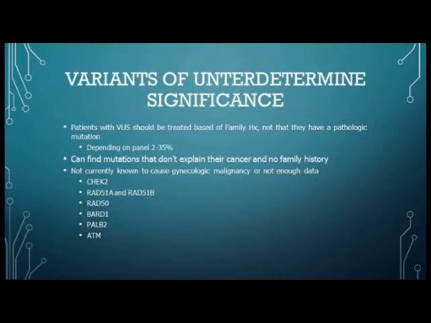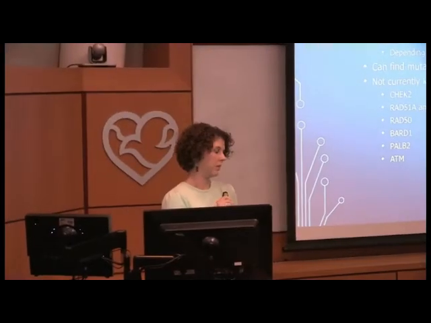You can also find mutations on the report that don't explain the cancer in their family. So an example would be strong family history of ovarian cancer. You do a panel, they have a mutation in ATM. ATM is known more for pancreatic and breast cancer. There's no pancreatic or breast cancer known in their family. Well, what do you do with that?